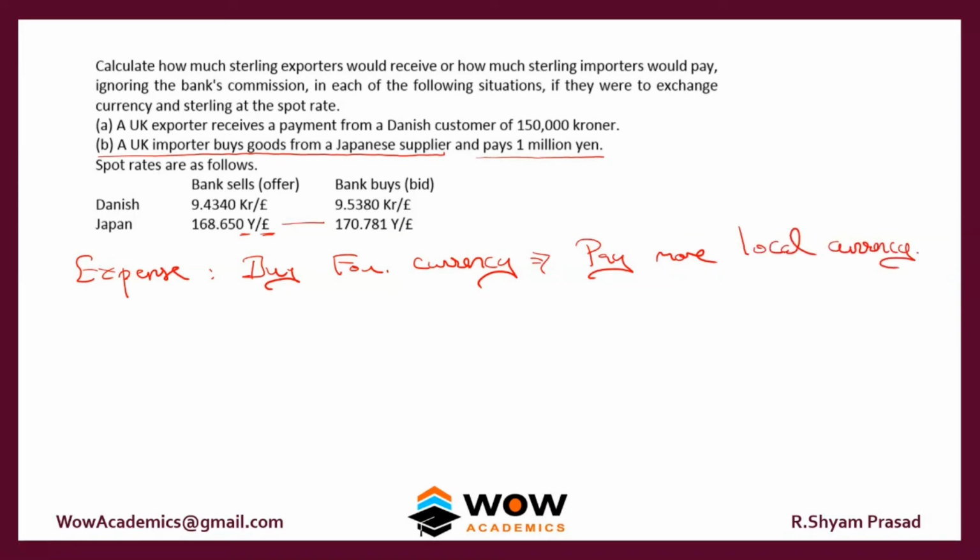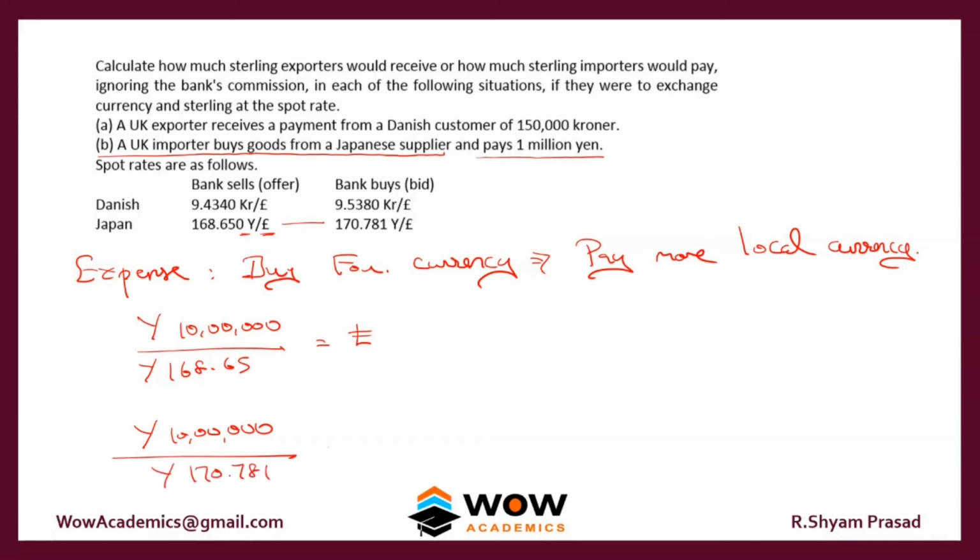So how does this work? The total yen is 10 lakhs or 1 million. We'll divide it by 168.65 of yen so that we find the pound to be paid. We also do the same thing for the other parity number, 170.781.